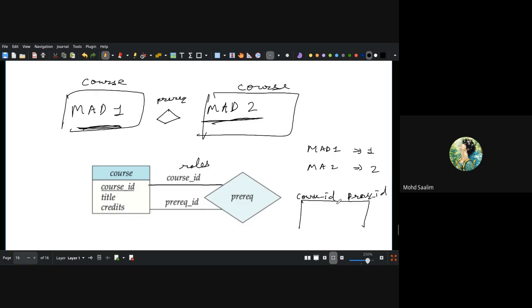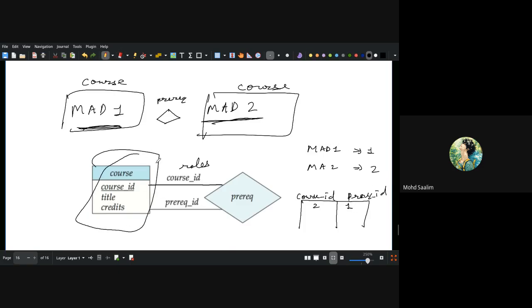Okay, so what will be the values? If the course ID is 2, what will be the prerequisite? 1. Correct? Because course ID 2, Math 2, has the prerequisite 1, Math 1. So this will be the relationship, right?